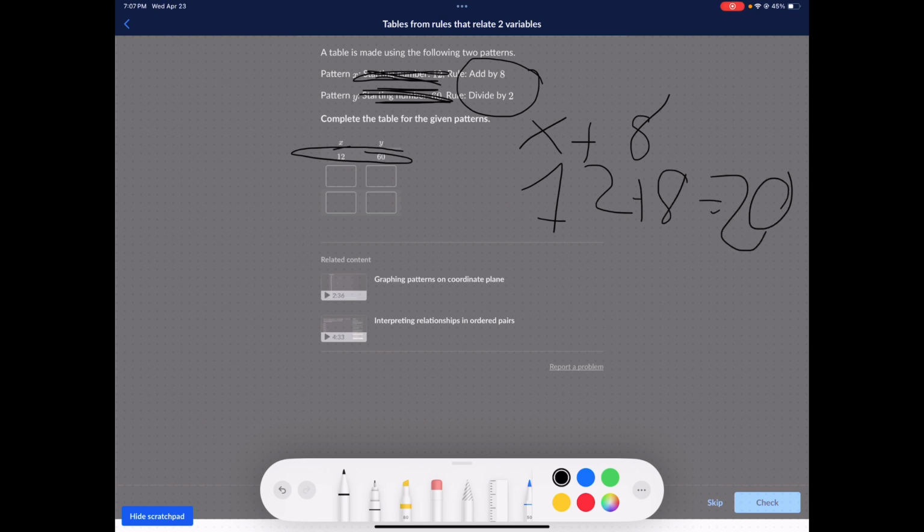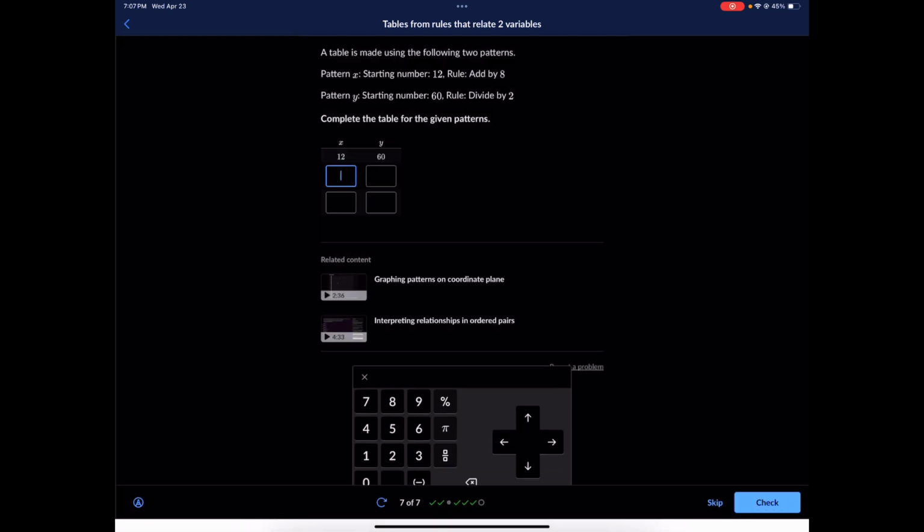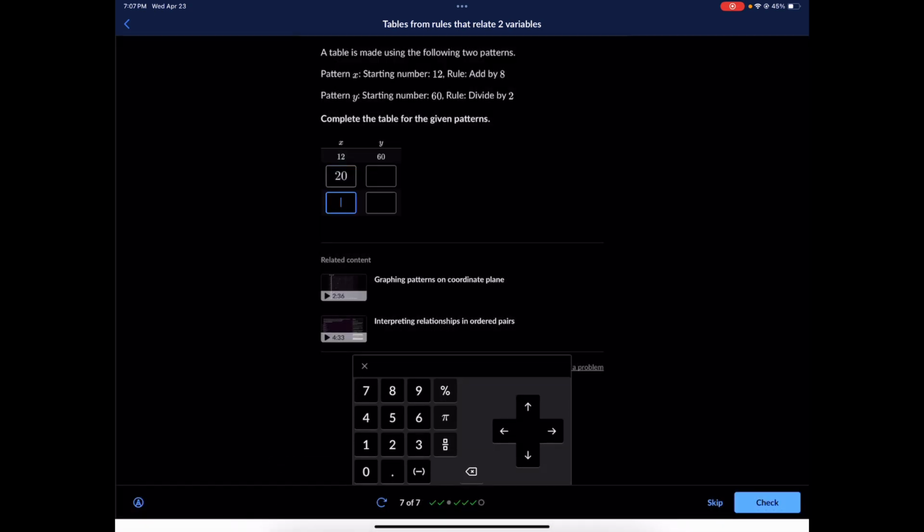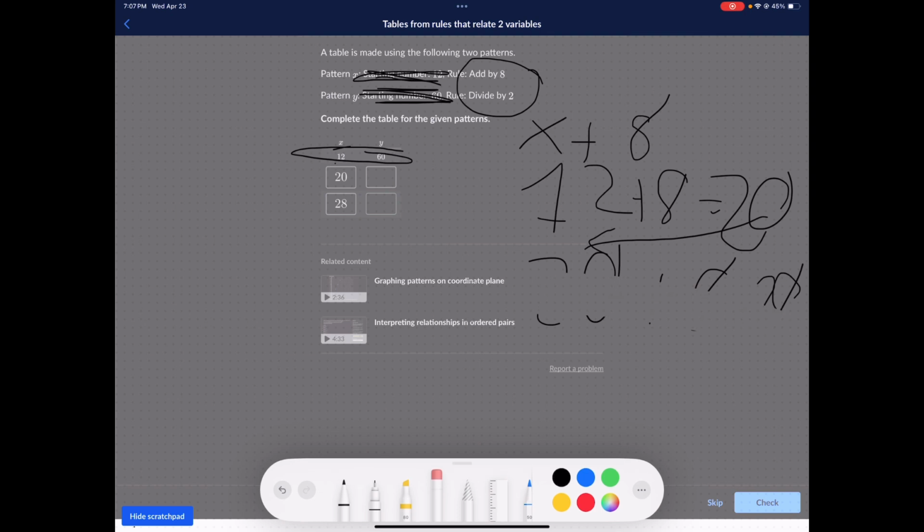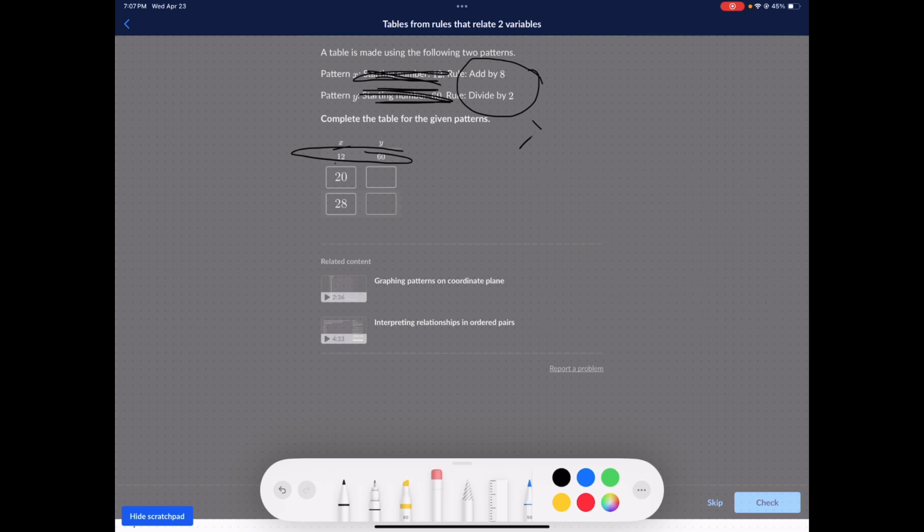20, good. So now we continue on from there. So 20 is our quote-unquote new X. We continue on and move it down here, plus 8. What is that equal to? 28. So that means that this must be 20 and 28. Now, for y, we have to divide by 2. So we have y over 2.